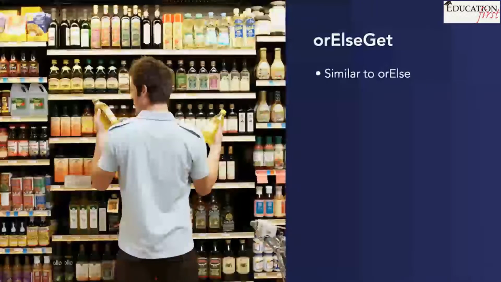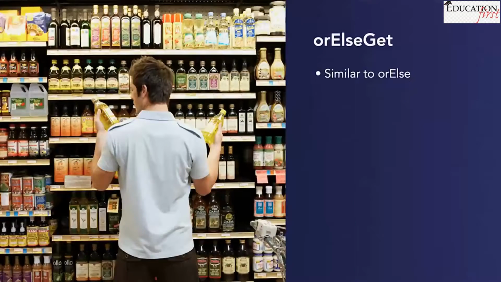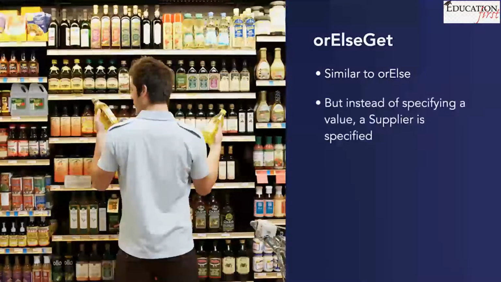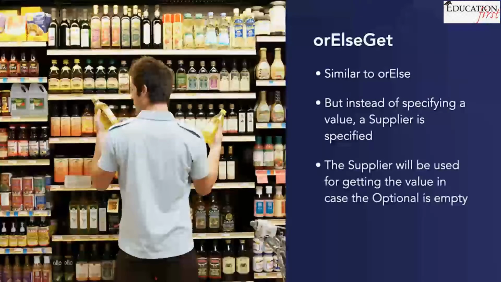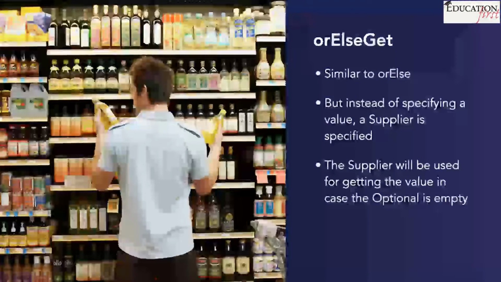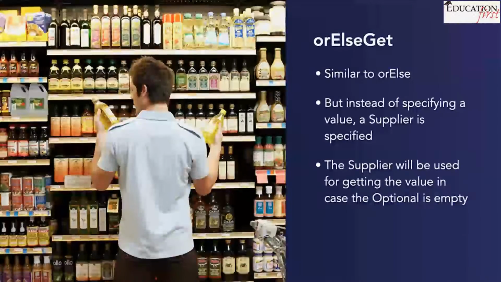This one is very similar, but instead of specifying the value, we specify a supplier that's only being used when the optional is empty. This is slightly better for performance because the supplier will be used for getting the value in case the optional is empty, but it only runs in that case. So there are no unnecessary objects in our application.